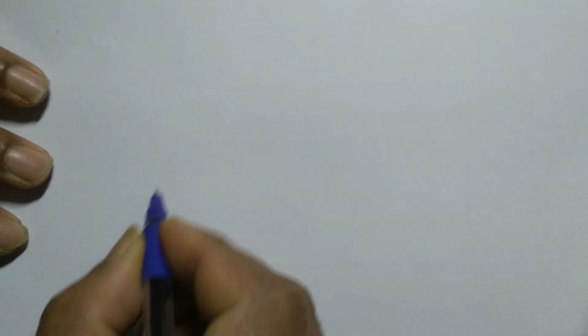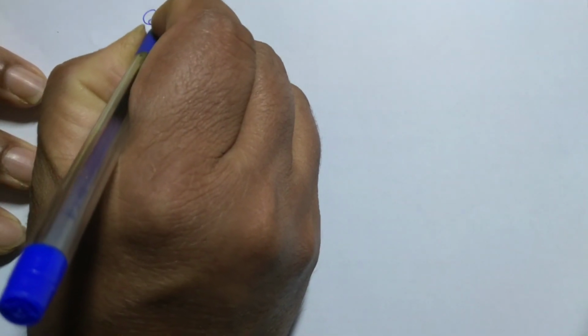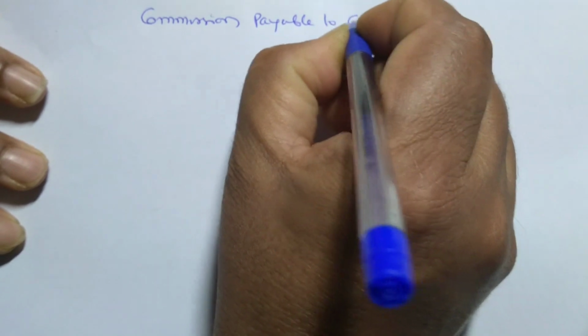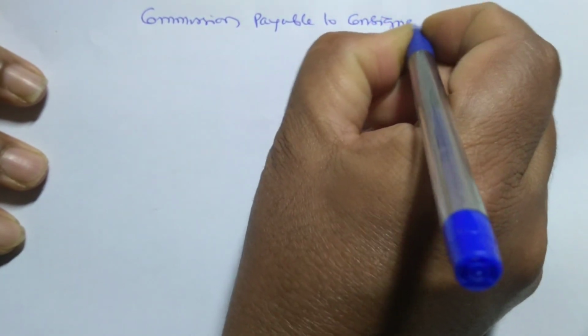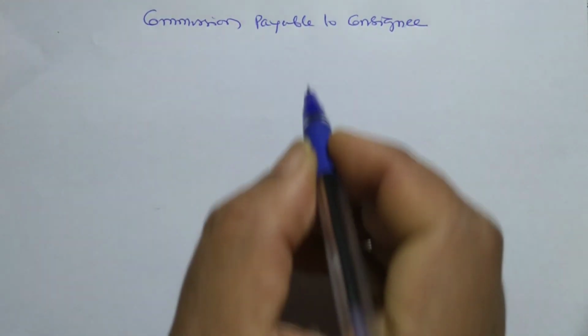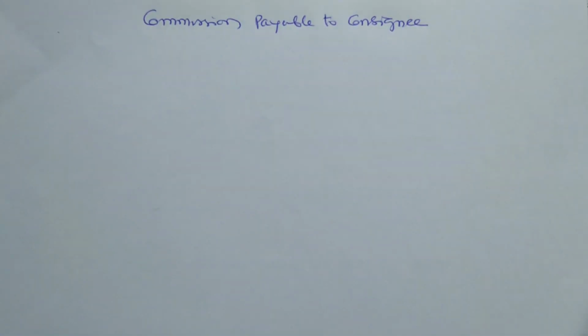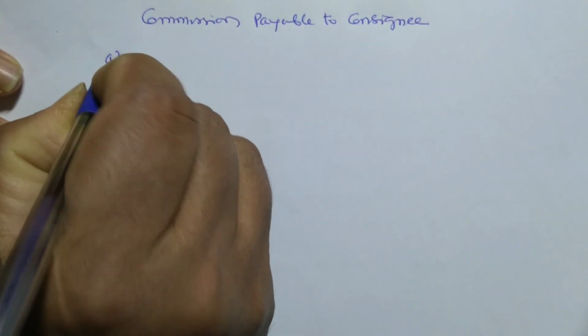After calculation of loading, let us calculate commission payable to consignee. This commission is calculated based on the sales. In this problem, there are two components.